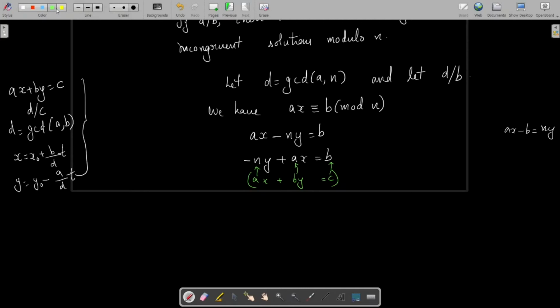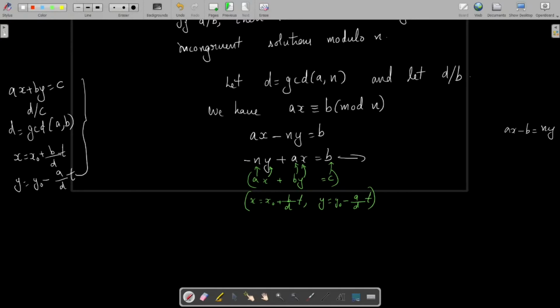As per the formula, we have x equal to x0 plus b by d times t, and y equal to y0 minus a by d times t. Here note that in the place of x here it is y, and in the place of y here it is x. So let us use this formula to find the solution of this Diophantine equation.